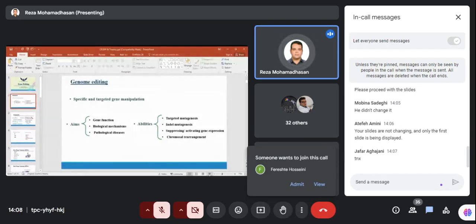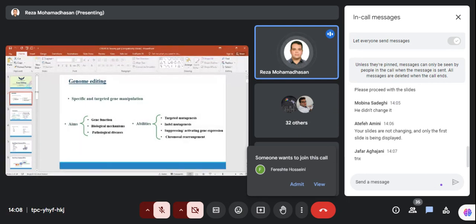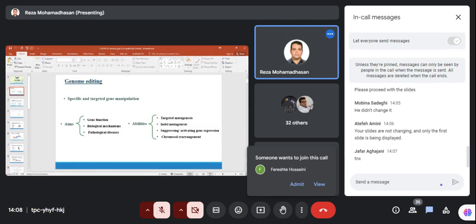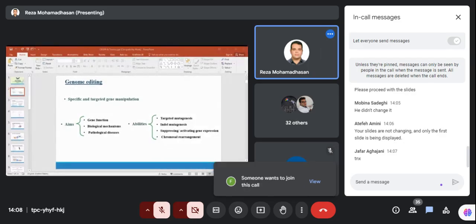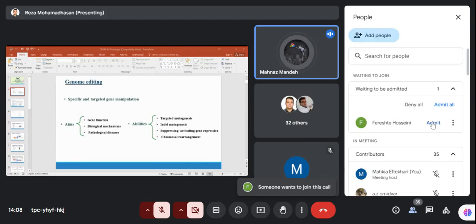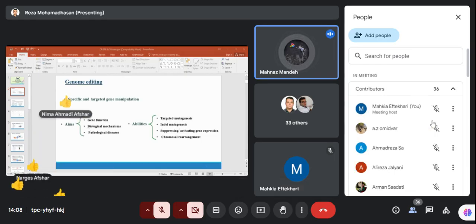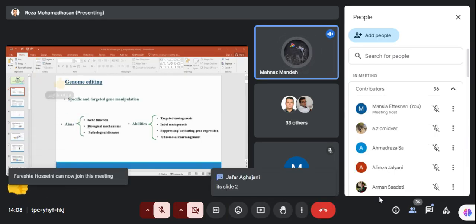I try to continue from this one. Could you please give me feedback, can you see the slide? We can see the slide genome editing, but it's a PowerPoint presentation, not a presenter view.